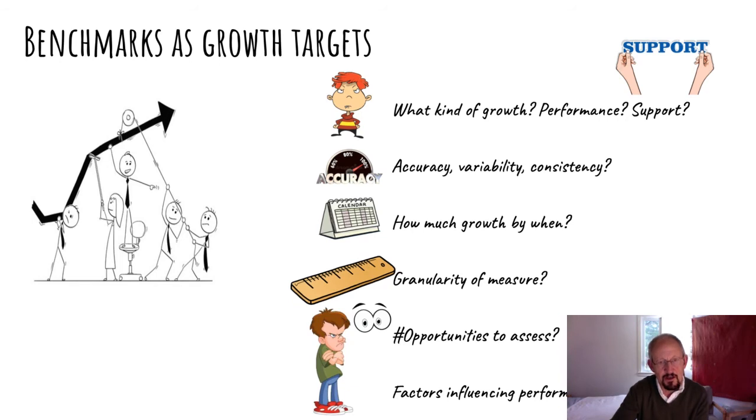In addition, and sort of the last piece here, is to think about the factors that can influence performance, right? So if I'm coming up with some measure of growth that's, let's say, both performance and support, let's say reducing the time spent non-compliant with no more than 1 or 2 verbal or gestural prompts, okay?